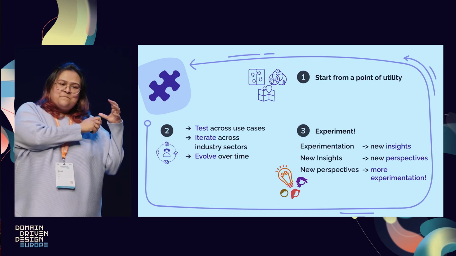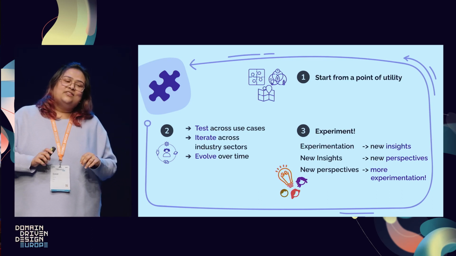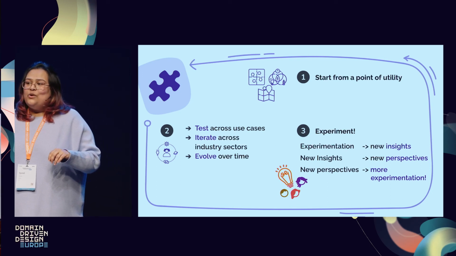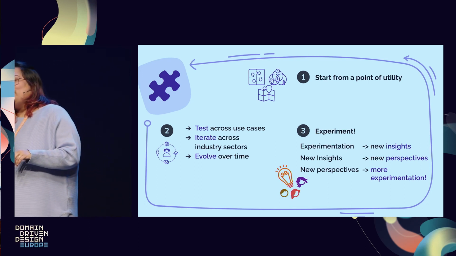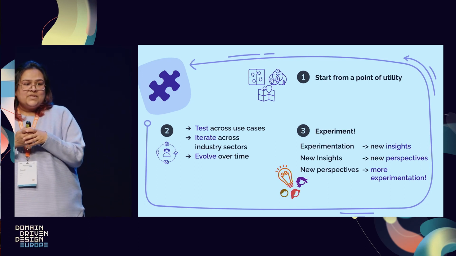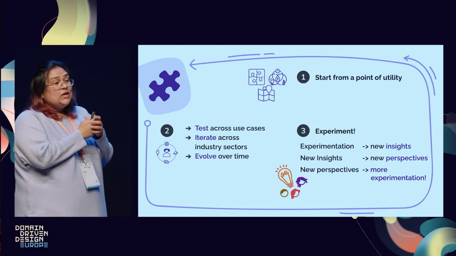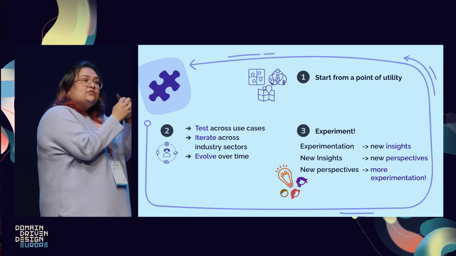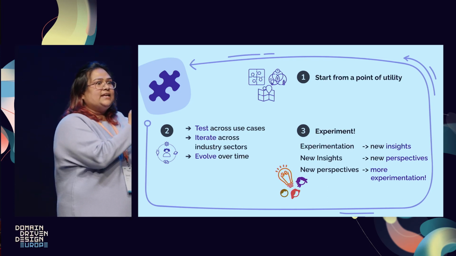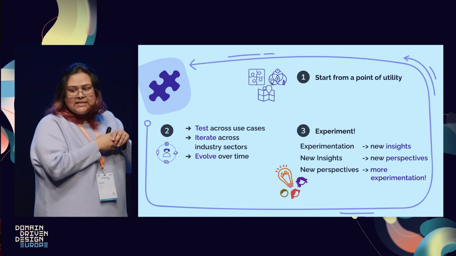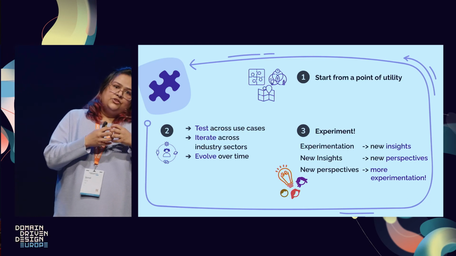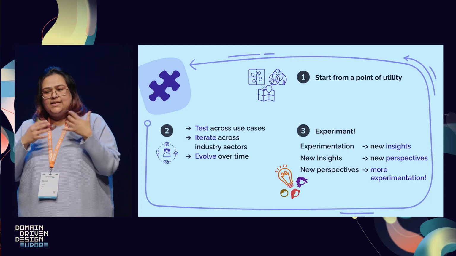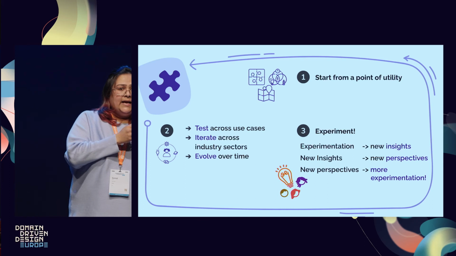And I think even though we all agree that all models are wrong, we can always still start from a point of utility. In our case, we started from that point of utility of identifying what's useful to get to those boundaries and to seams. And then we sort of play around with it, test across use cases.